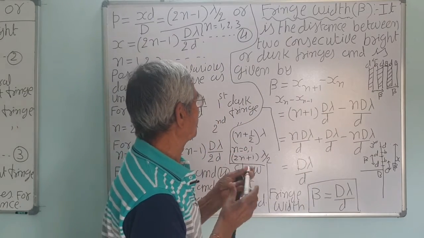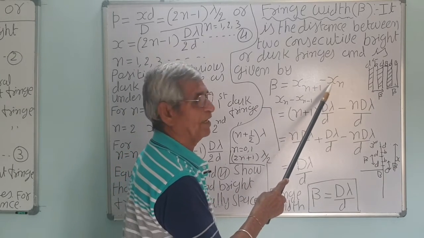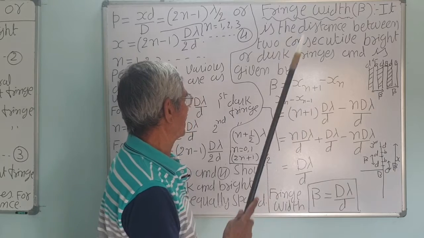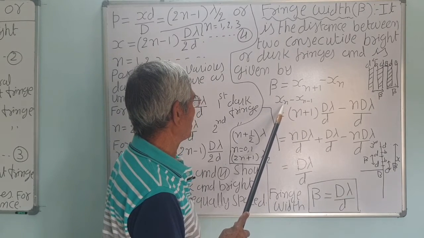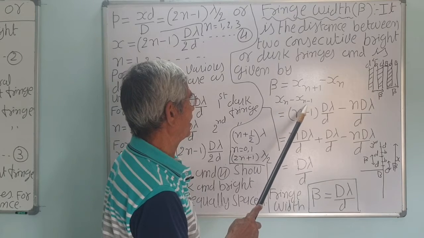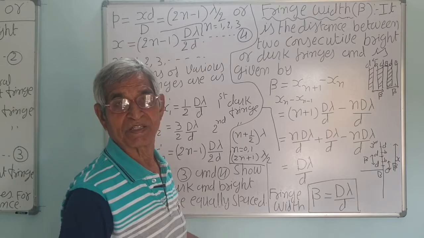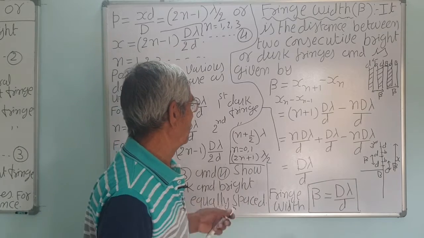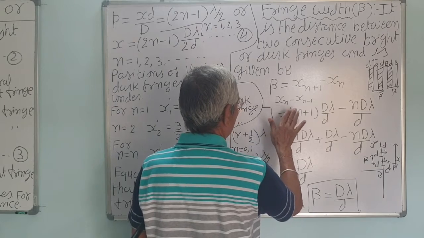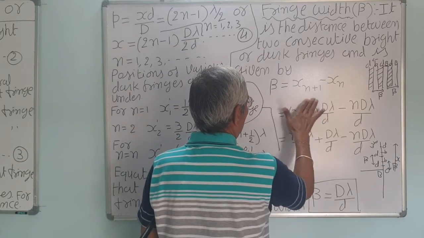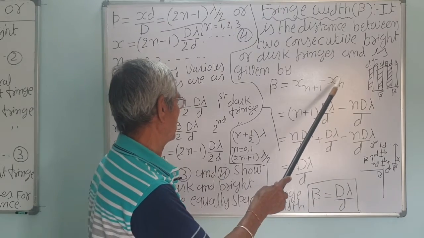Suppose this n is equal to 10, then this will be 11, 11 minus 10, that is 1 fringe, correct. Or if you take n is equal to 10, so 10 minus n minus 1, that is 9. So the 10th fringe minus the 9th fringe distance from the O, that is also the same, both are the same, correct. So you can take it either way, x n plus 1 minus x n.